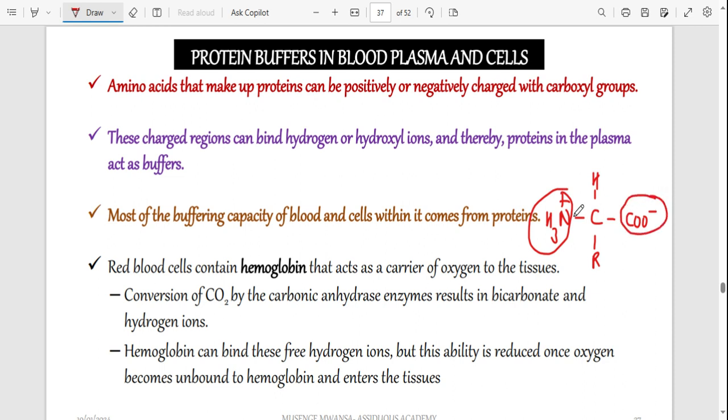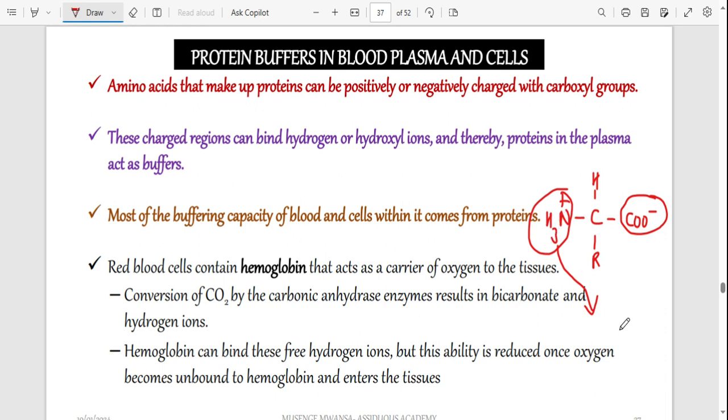Because it has got both positive and negative ends, it can act as a base, also as an acid. So this part which is positive, the positive part will be the one which will be donating hydrogen.